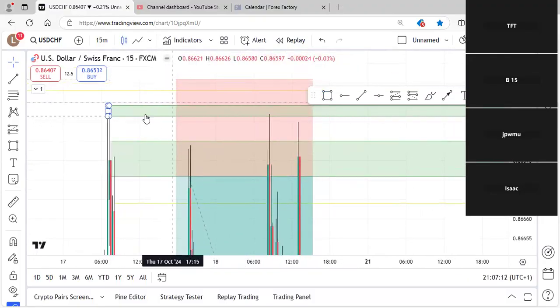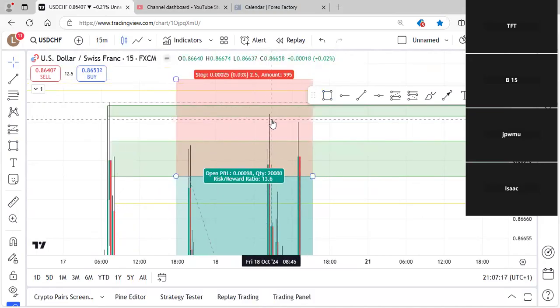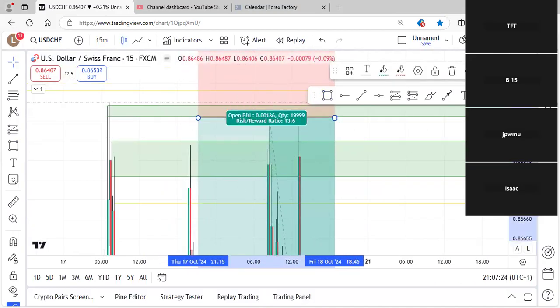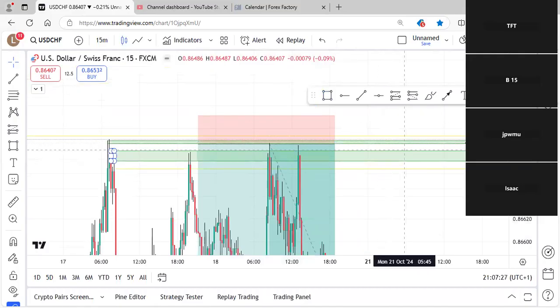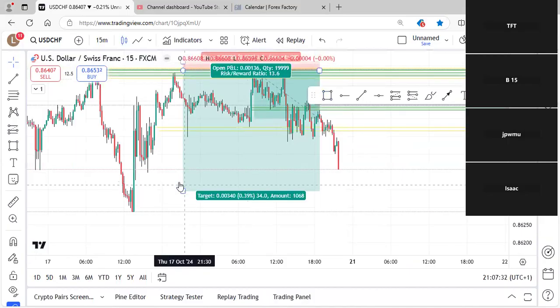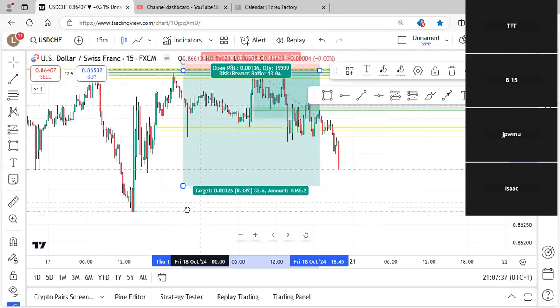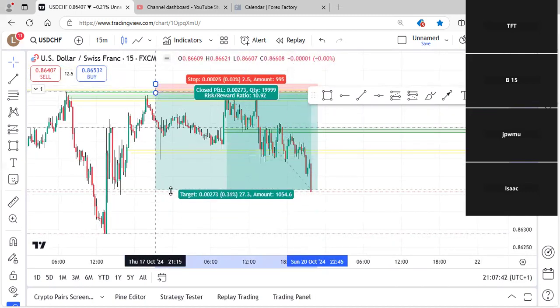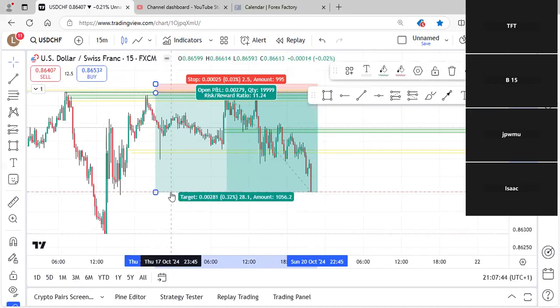But if I'd have just been that bit patient and noticed this one at the very top, obviously the following day at 8:30 in the morning, my pending then would have been something like that. And then obviously I thought it was going to aim at least for this imbalance fill here. Haven't quite made it yet, but 1 to 1.1 reached at least, so it wouldn't have been a bad trade.